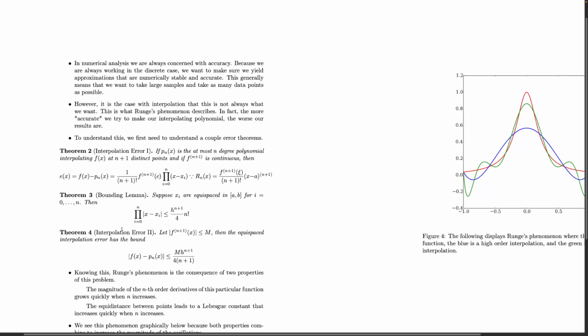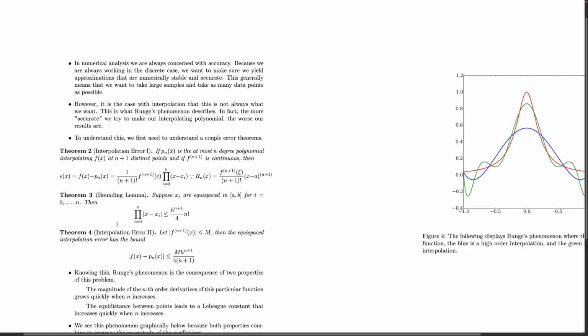And this is generally how we define error. I think this is absolute error or relative error, I forget, I get the two confused. But generally, if you want to show error, you can just look at the difference between your approximation and the actual value. In this case, our actual value is our actual function, and our estimation is our interpolating polynomial p sub n.